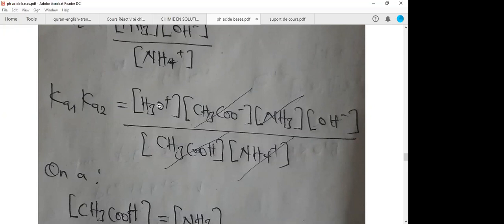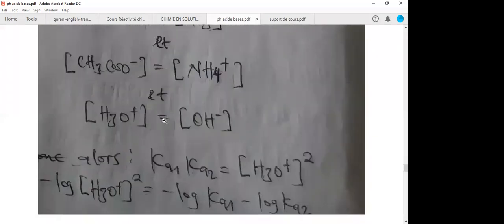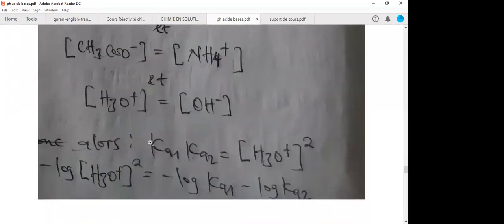And the concentration of H3O plus is equal to the concentration of OH minus, meaning where there is OH minus, we can replace it with H3O plus. So Ka1 times Ka is equal to the concentration of H3O plus squared. That's what we have here.